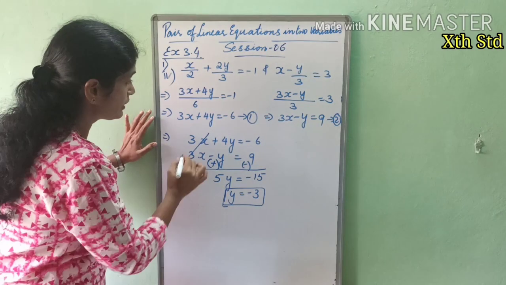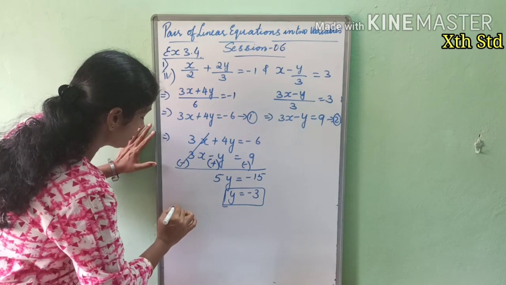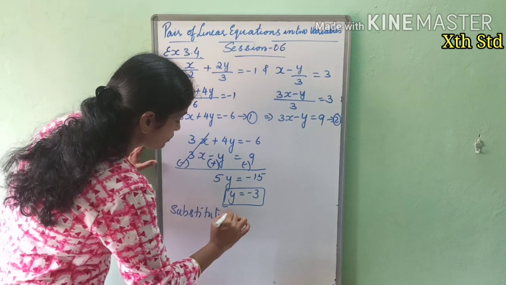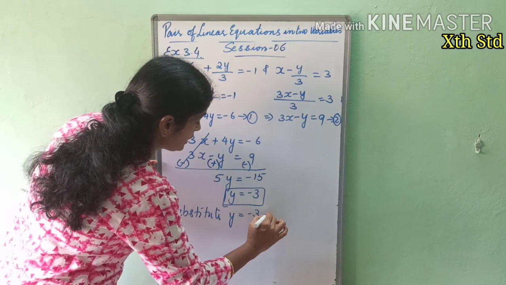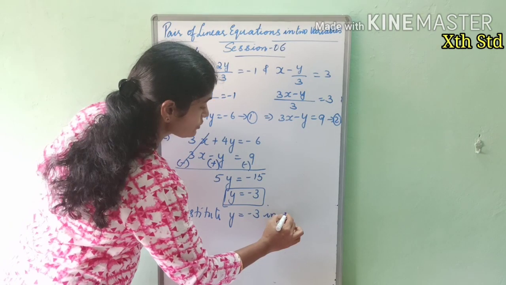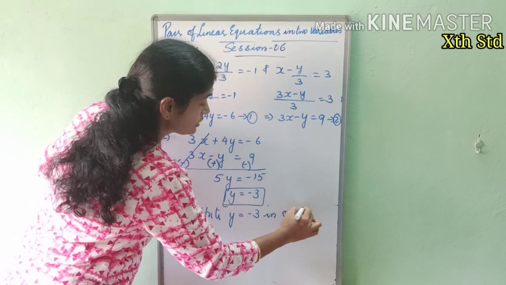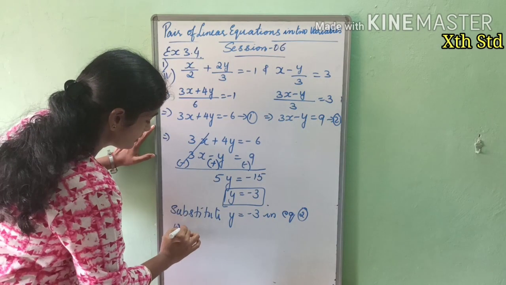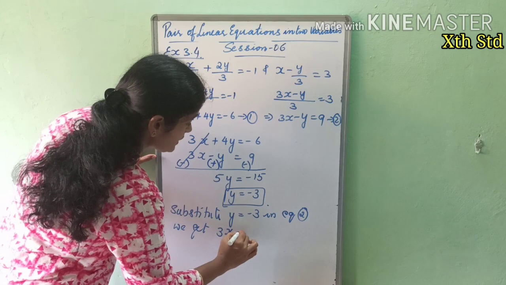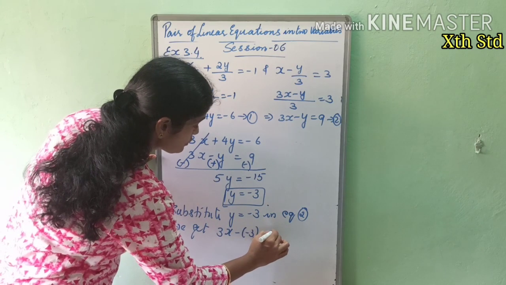Now substitute y equal to minus 3 in any one of the equations. Substitute y equal to minus 3 in equation 2. In equation 2 we get 3x minus of minus 3 equal to 9.